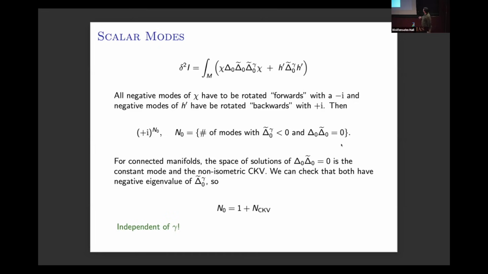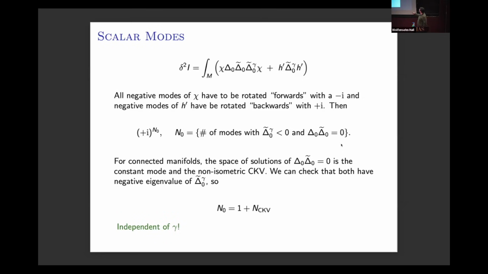So in this case, since this delta tilde gamma appears in both chi and H, if chi has a negative mode, H also has a negative mode, and then the phase will cancel. Now, the only case where the phase doesn't cancel is when we have a negative mode in H prime because of delta tilde gamma, which would be a negative mode of chi, except for the fact that it's a mode that doesn't participate in the path integral.